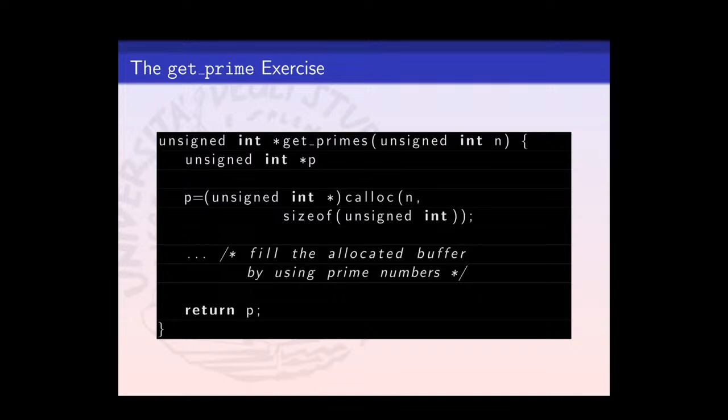So if you use this typecast, you get an error, or better, a warning from the compiler saying, look, you are trying to assign a pointer to unsigned integer to something which is not a pointer to signed integer. While if you don't use the typecast, you may end up doing something wrong and you are not getting any error.